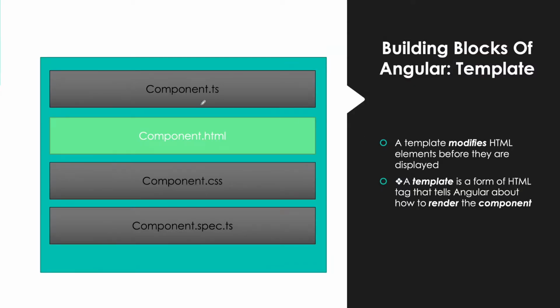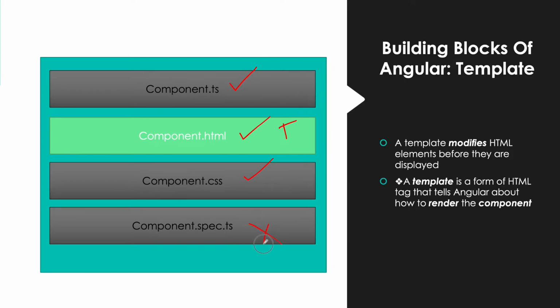A component generally contains four different files. One is the TypeScript file, and the other one is HTML, which we also call the template, and the CSS for the styles, and the spec.ts, which is for writing the test cases.